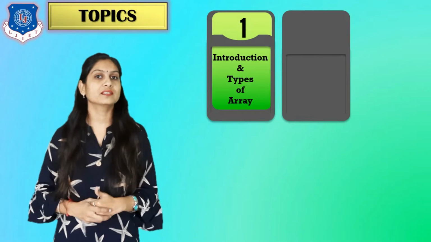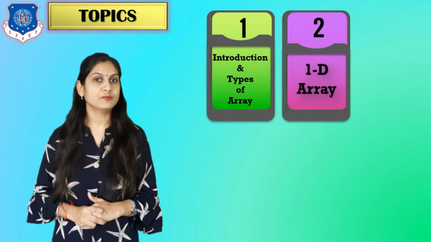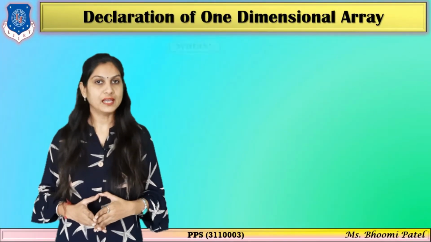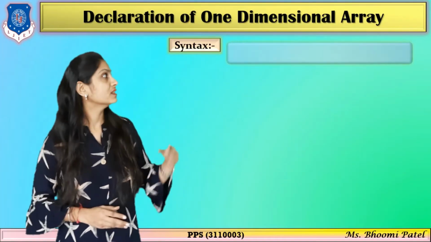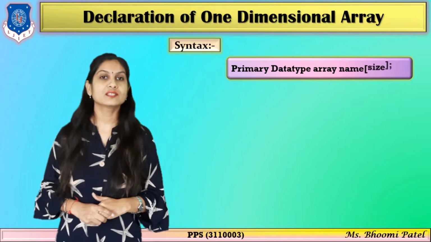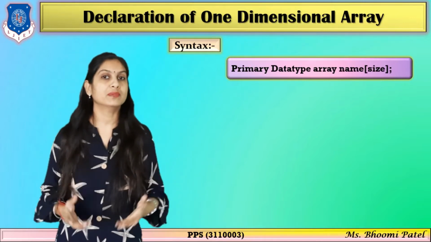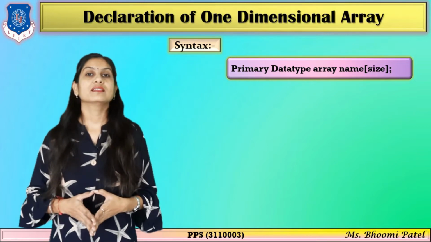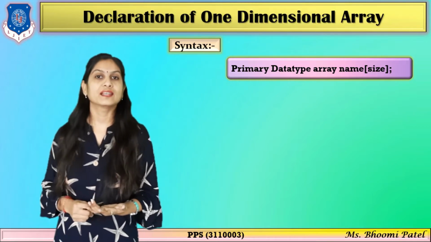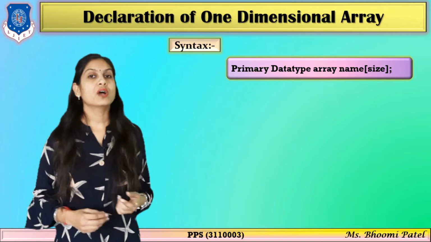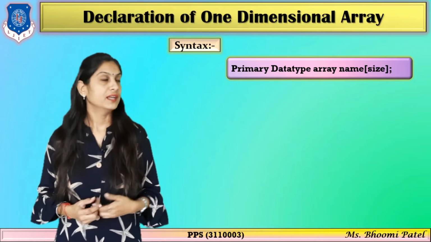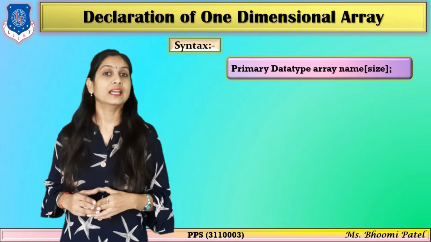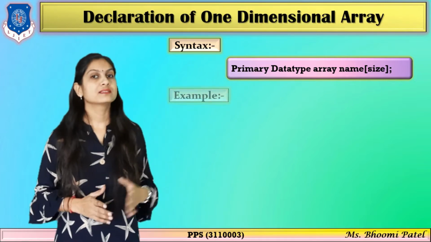Now let's understand in detail the types of array, and the first type is one dimensional array. Now what is the syntax for a one dimensional array? First you have to write the primary data type that we already discussed in our previous theory, that is integer, float, character, like that. Then you give the name of the array, and then in square brackets we write the size as an integer only, and then a semicolon.